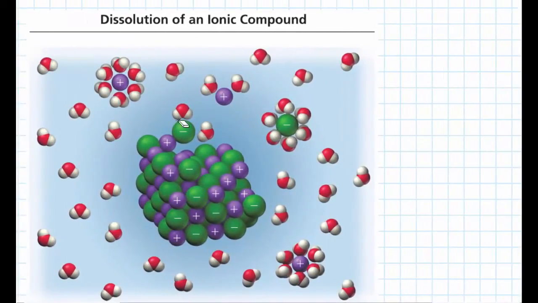Let me zoom in on this a little bit. What happens is water molecules approach the ions on the outer surface of that solid, and the water molecules start to group around them and pull those individual ions off of the surface, after which they can be surrounded by the solvent particles. So let's put a couple of steps here.